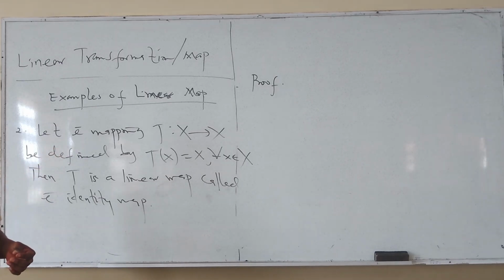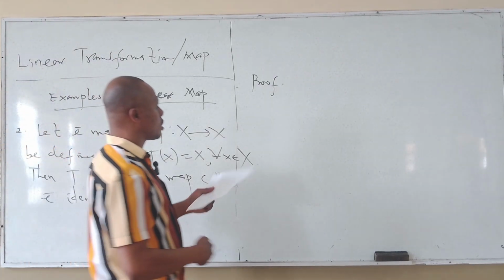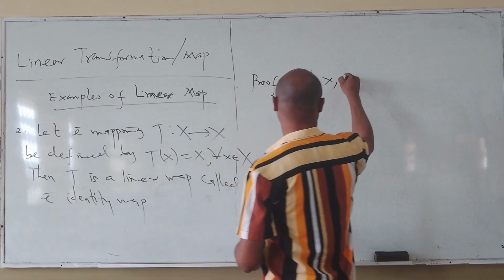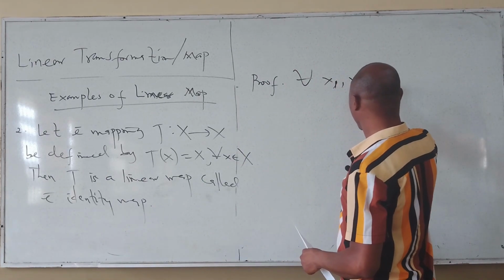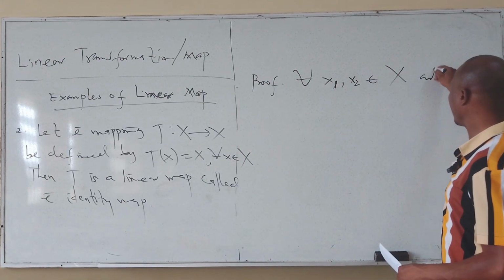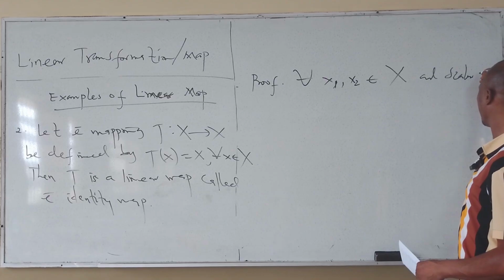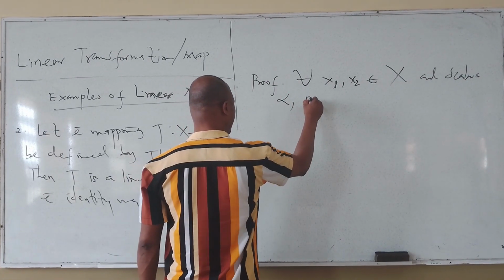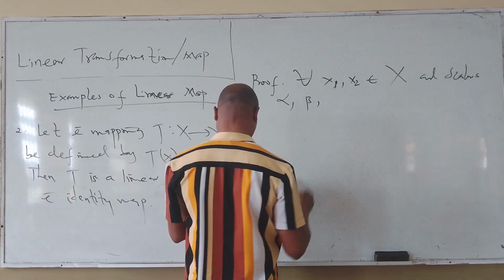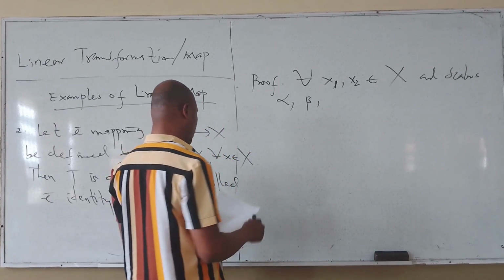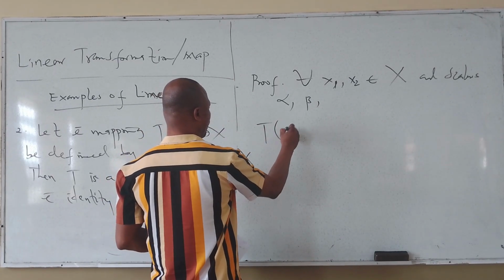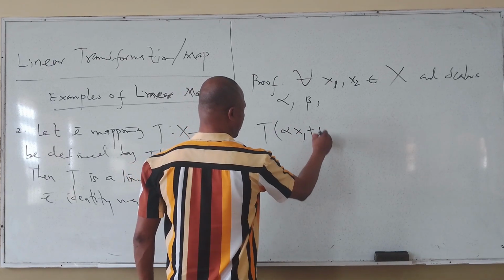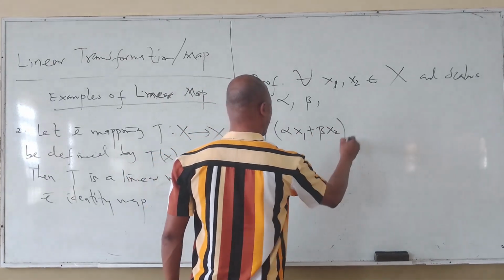So say that for every x1, x2 a member of X, and scalars alpha, beta, T of alpha x1 plus beta x2 should be equal to.